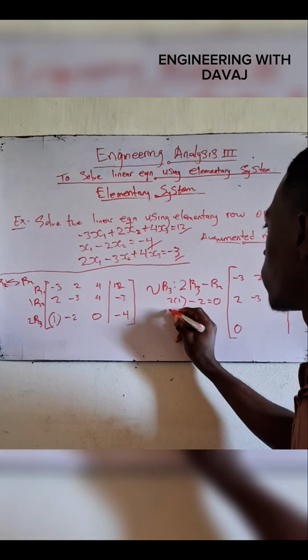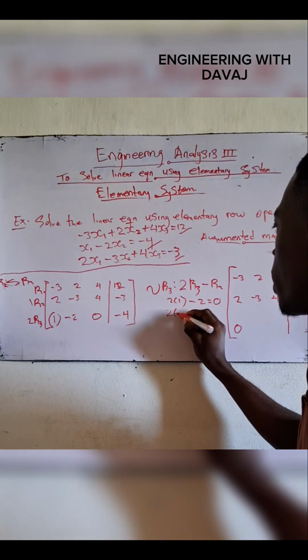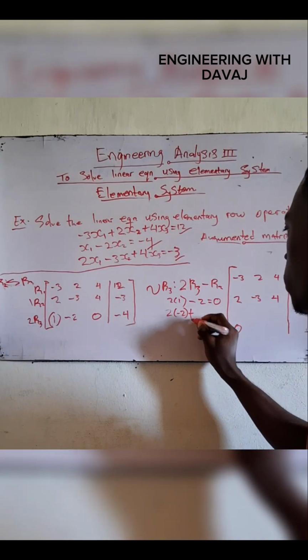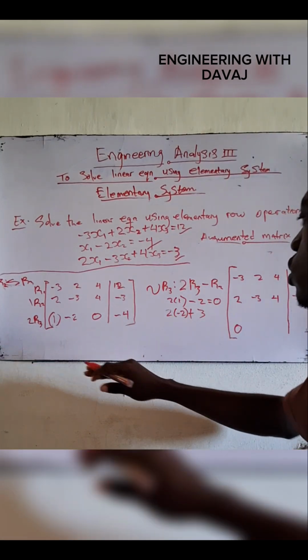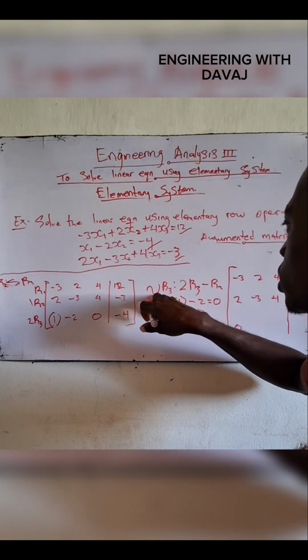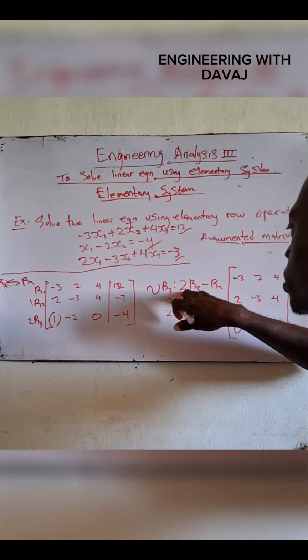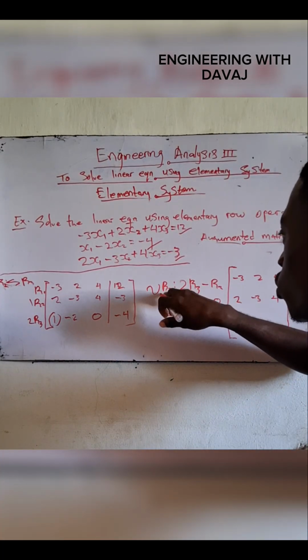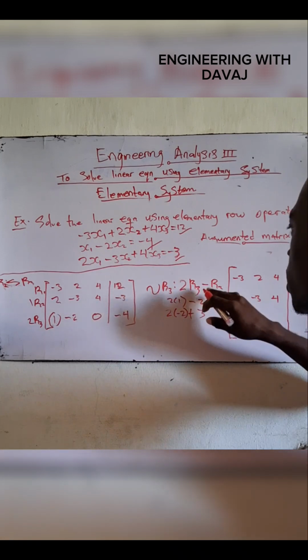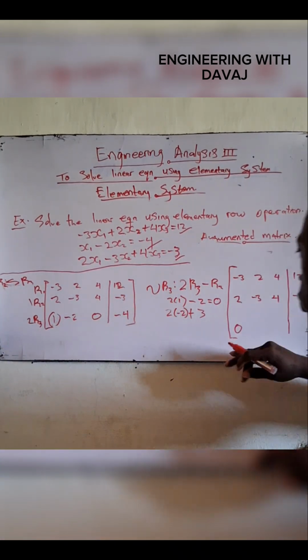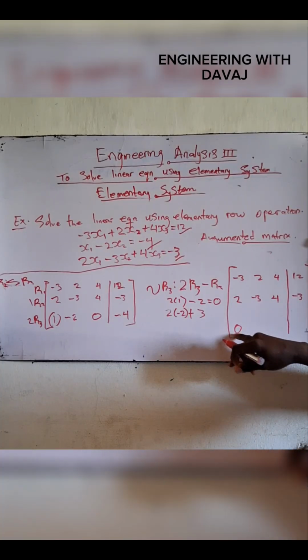So I have 2 of minus 2 minus 3. That's plus 3. Do you understand? My row 3 should be my new row, where I perform an operation on row 3 such that 2 of row 3 minus row 2 is my new row. And I've performed an operation which makes me get this 0.